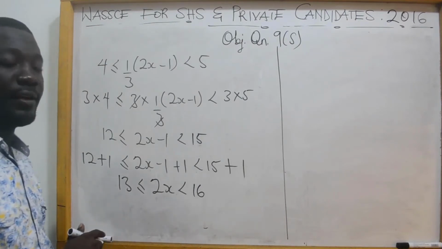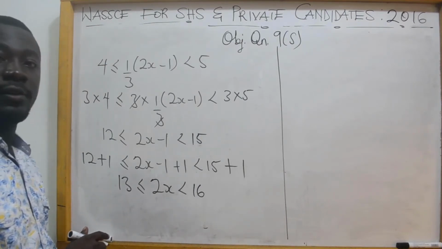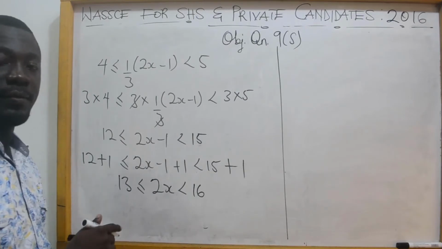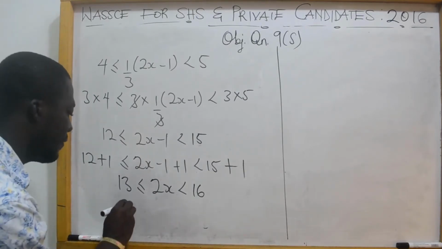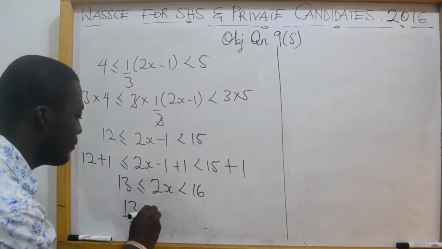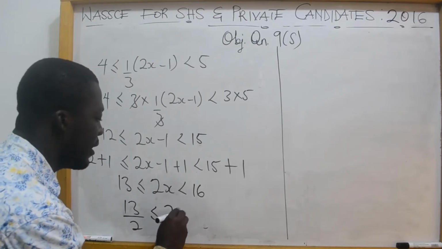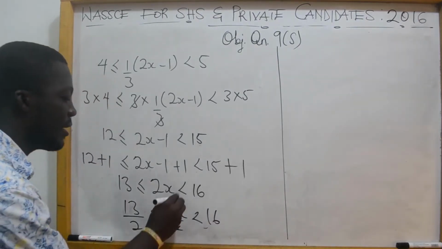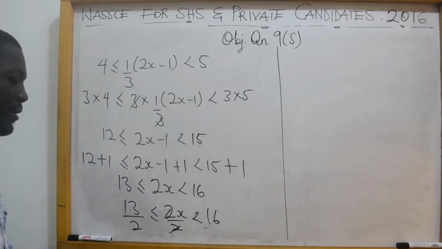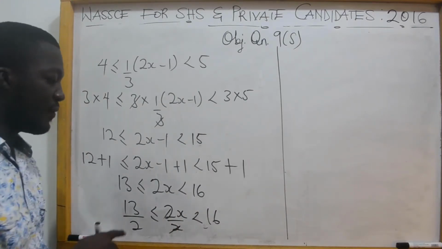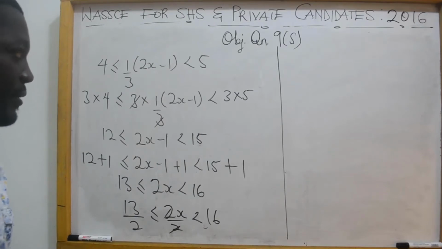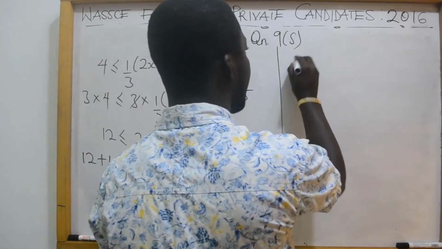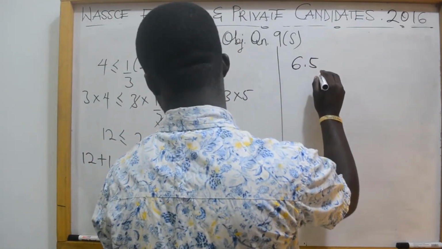Then again we divide each of the sides by 2. We have 13 out of 2 less or equal to 2x out of 2 less than 16 out of 2. 2 will cancel 2. Then 13 divided by 2 is 6.5.